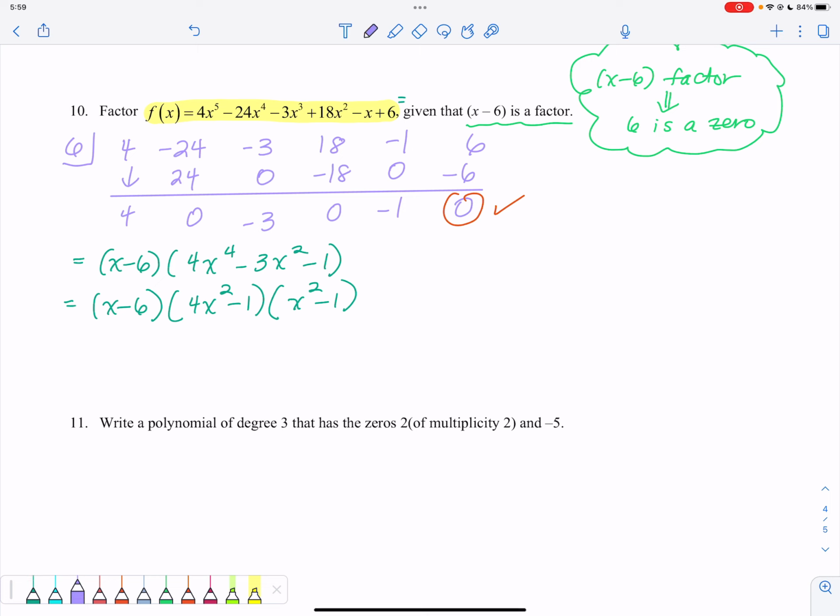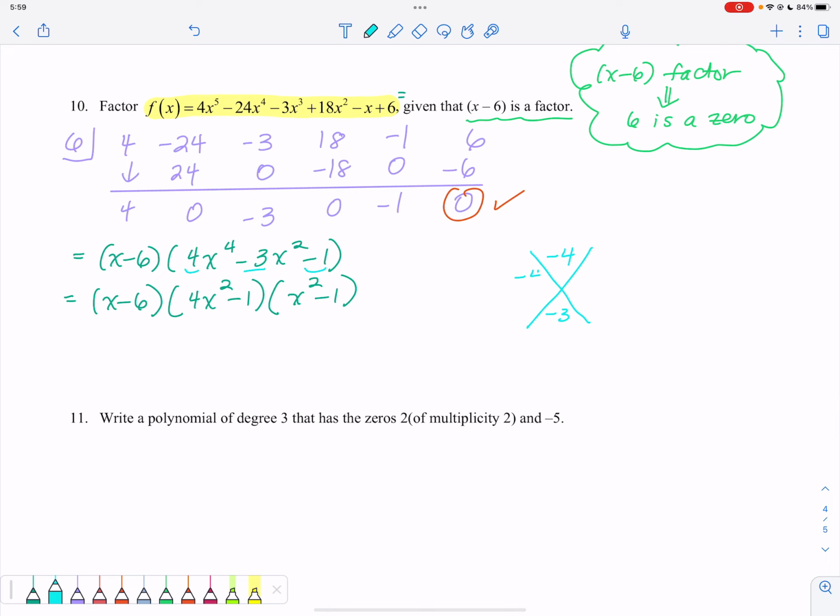And if you need a little brushing up on your factoring, you have a times c is negative 4, and b is negative 3. So we need two numbers that multiply together to get negative 4 and add together to get negative 3. Then, of course, we divide both of those by 4x squared.